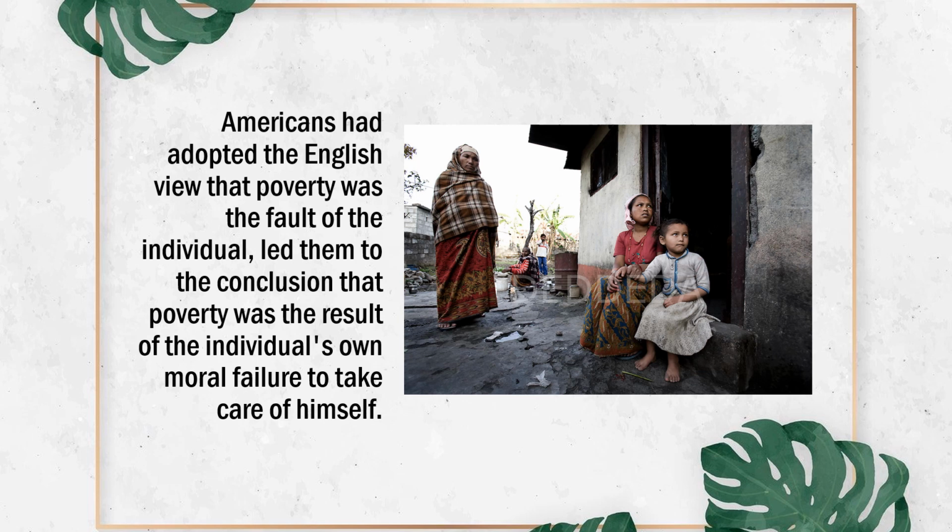This situation, added to the fact that the Americans had adopted the English view that poverty was the fault of the individual, led them to the conclusion that poverty was the result of the individual's own moral failure to take care of himself. Hence the emerging focus of social work was to enhance the person's impaired social functioning based on the assumption that dysfunctioning was his fault. He lacked the moral fiber to improve himself and his situation in life.